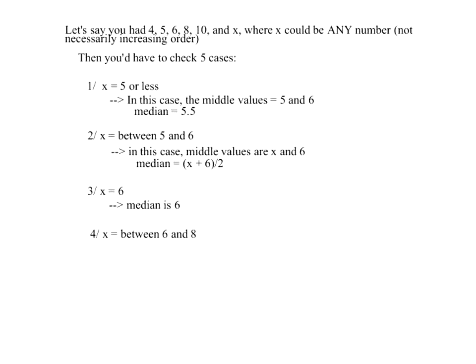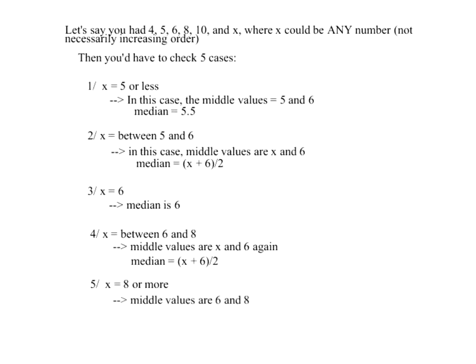So your middle values are x and 6 again, so the median is (x plus 6) over 2. And then finally, if x was something that was more than 8, then in this case, your middle values are 6 and 8, as they are in the problem that you actually solved.